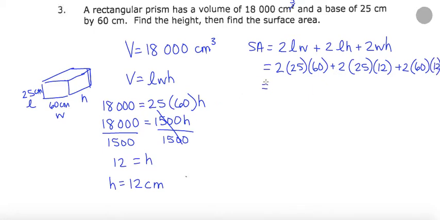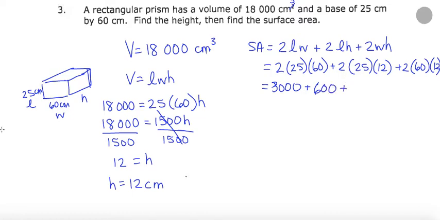All right, so now it's a matter of following order of operations. So I have to do my multiplications first. So 2 times 25 times 60 is 3,000. 2 times 25 times 12 is 600.